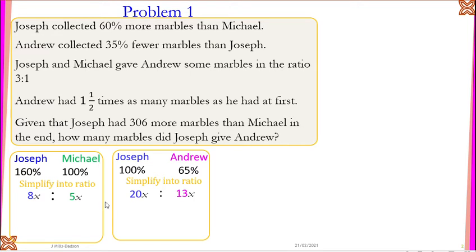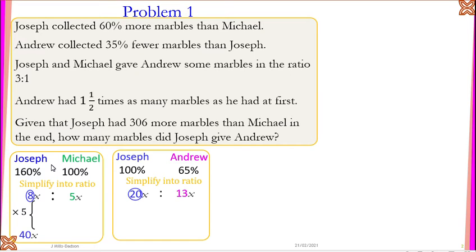So in ratio, what happens is that we need to try and make Joseph's share be the same. And in doing that, we find the LCM of 20 and 8. LCM of 20 and 8 will give you 40. So which means we need to create this 40x and create this one also 40x. And to do that, this section all should be multiplied by 5.